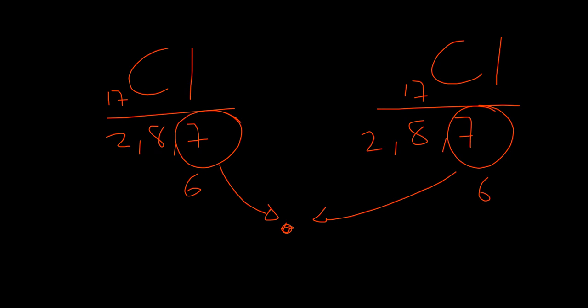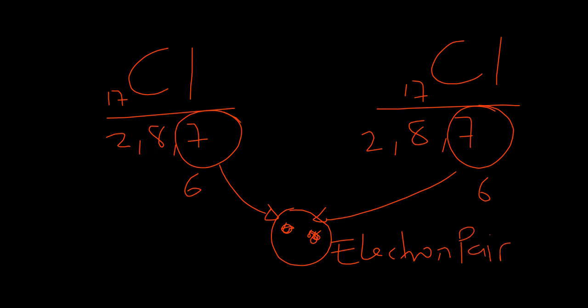So these 2 electrons will form what you call an electron pair. Electron pair simply means 2 electrons. After doing that, the 2 chlorines can decide, okay, then we can share this electron pair.